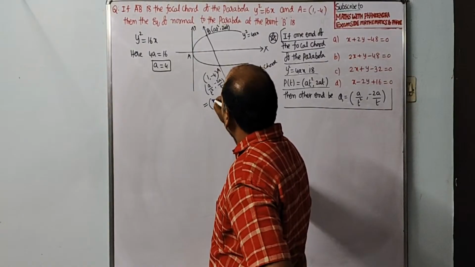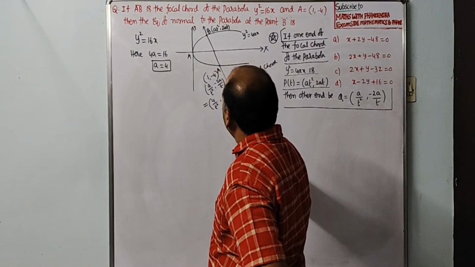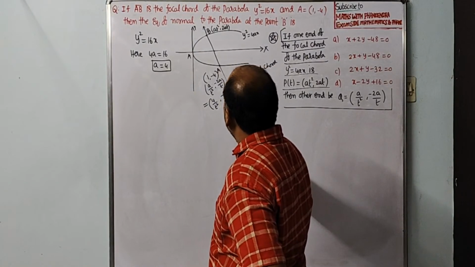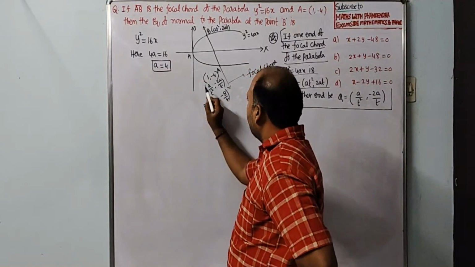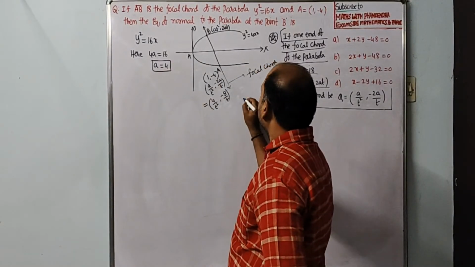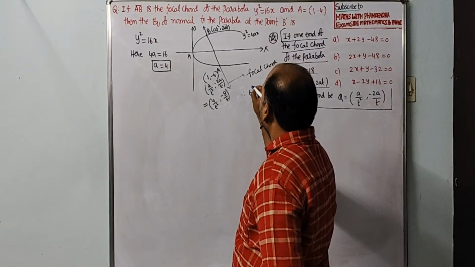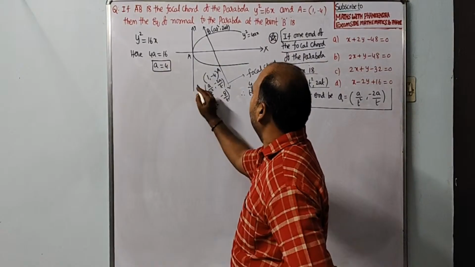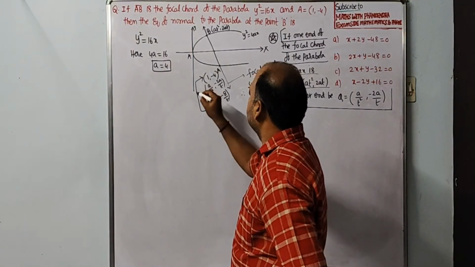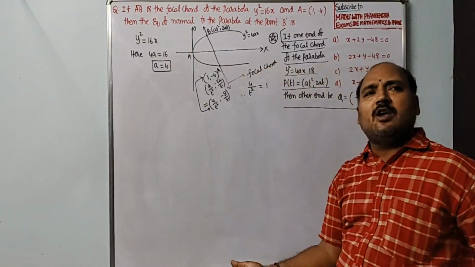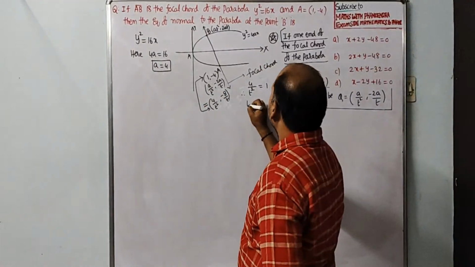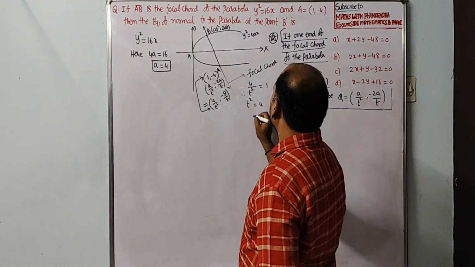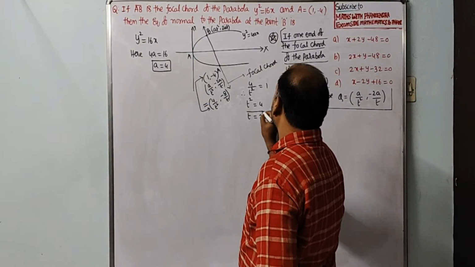From this data, the a value 4 we got. So this point is 4 by t square comma minus 8 by t. So compare these. From here, 4 by t square is equal to 1. Both x coordinates are equal, or you can make the y coordinates equal also, it's not a problem. So t square is equal to 4, t is equal to plus 2. Why?